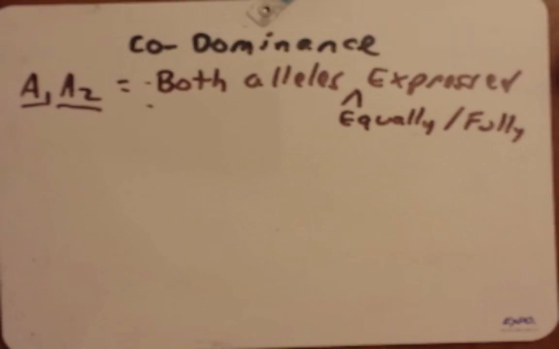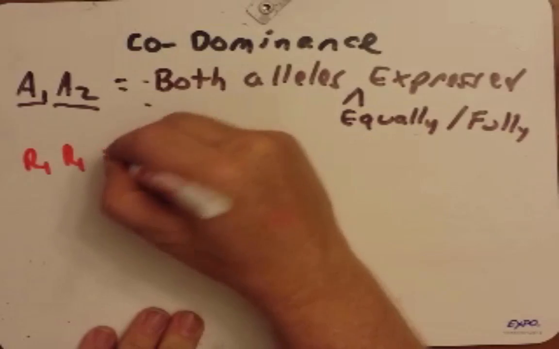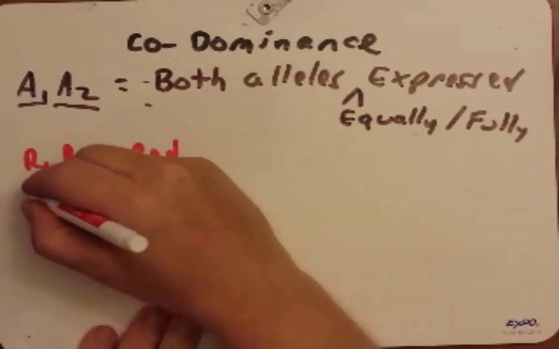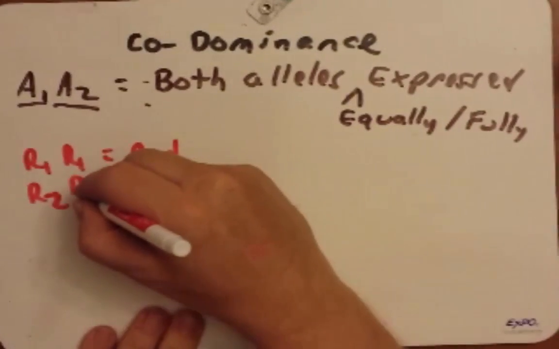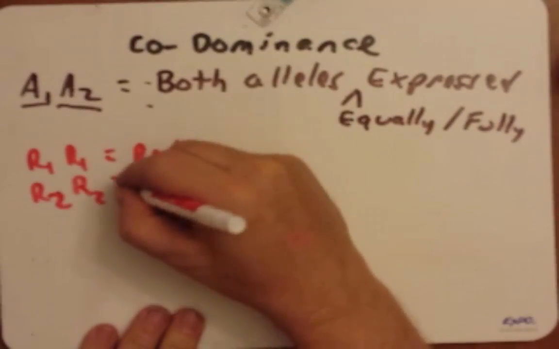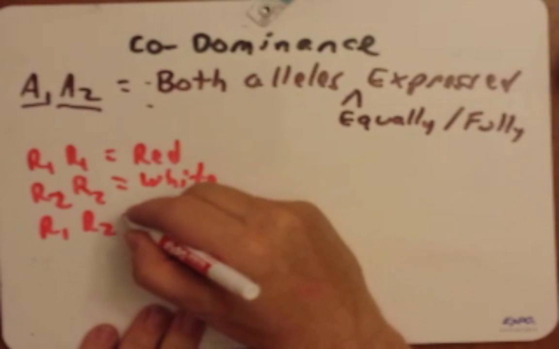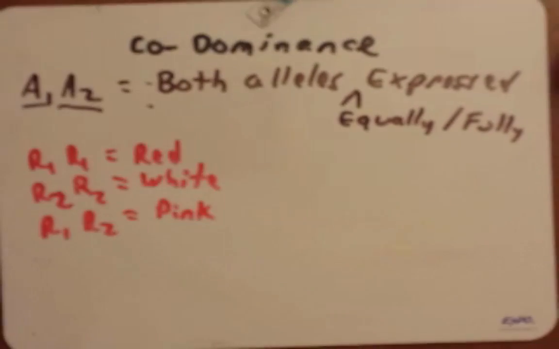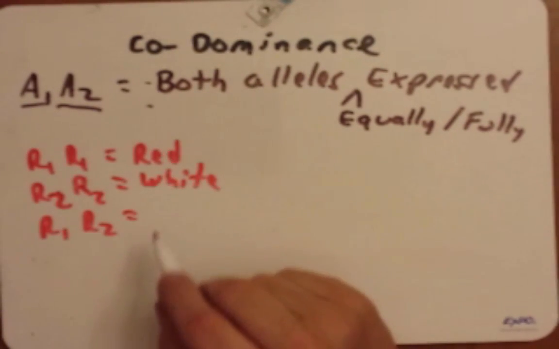If you think about our example on the previous whiteboard, where R1 gave us red flowers, and R2 gave us white flowers, and R1, R2, the heterozygote, gave us pink flowers. Well, if this were a case of codominance, the heterozygote R1, R2 would fully express red and fully express white.